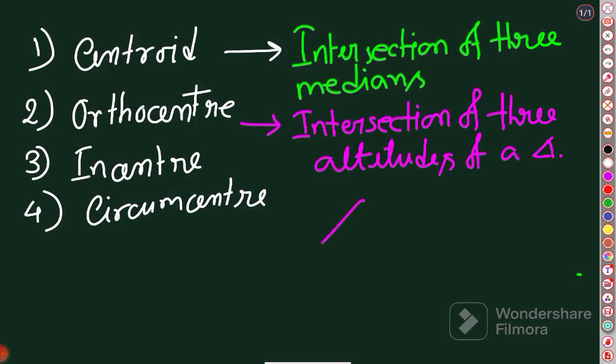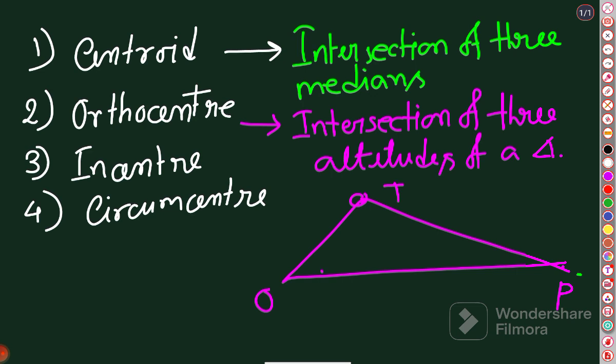Suppose this is another triangle, named TOP. You draw altitudes from the T vertex, using a compass also. This is one altitude, and from another vertex you draw another altitude.